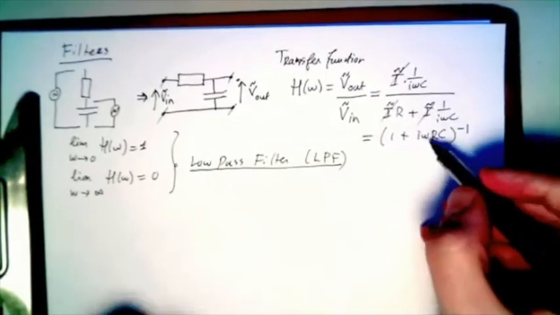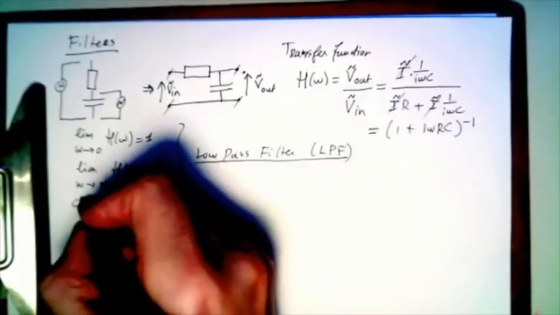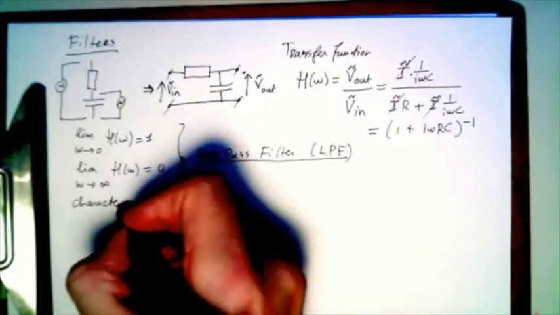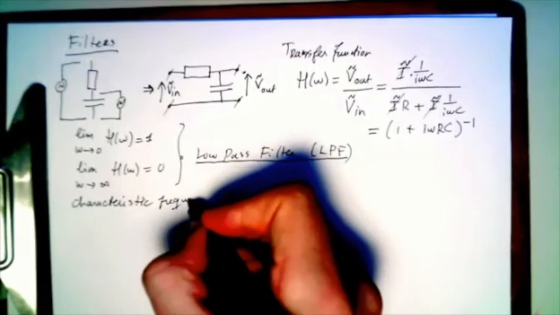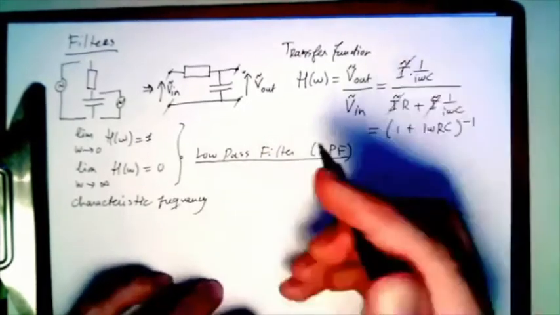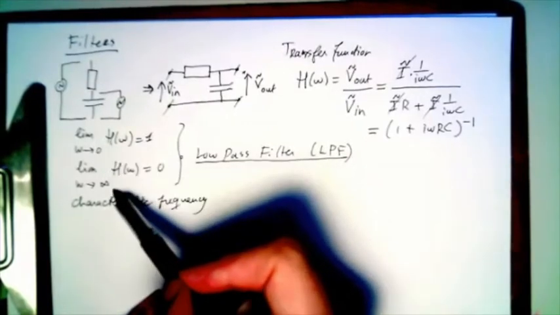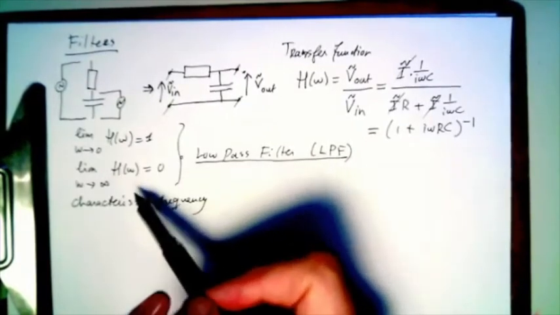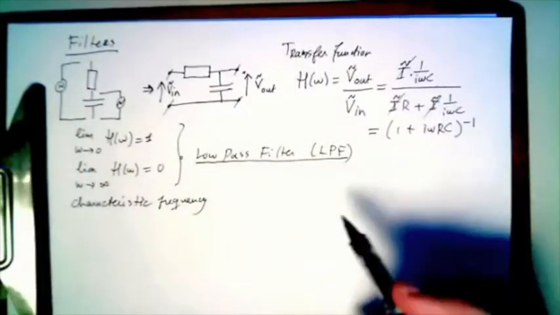And the characteristic frequency is the frequency that describes sort of in between low frequency and high frequency. In other words, the frequency that separates the part from passing from the part from blocking.